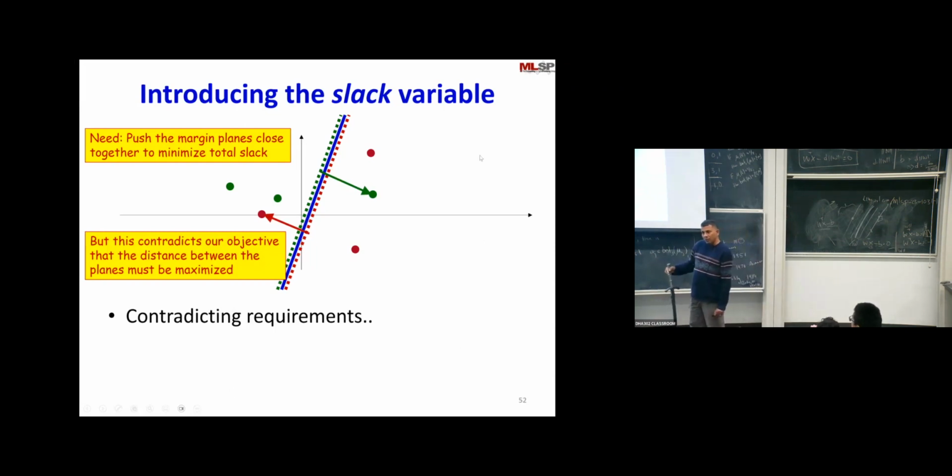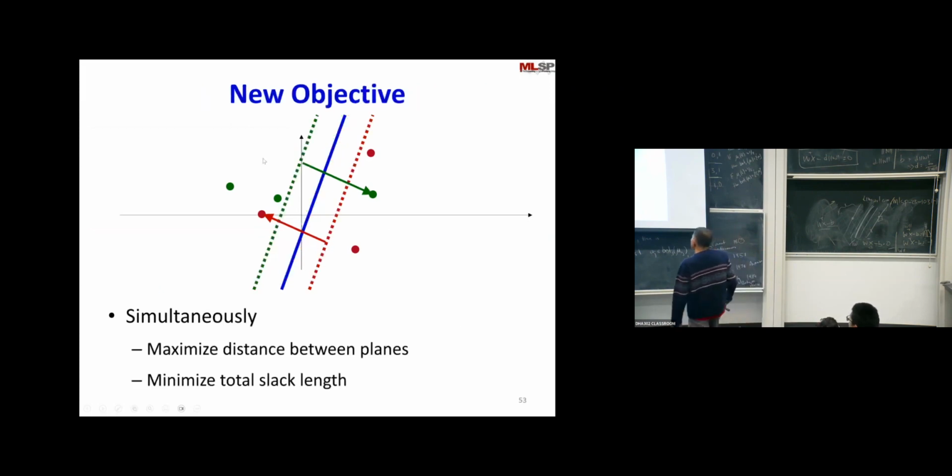The second one is kind of giving up on the misclassified instances. The first one is trying very hard to account for the improperly placed instances, and then there is some kind of a push between the two. So here's what we want to do. We want to simultaneously maximize the distance between the planes while minimizing the slack, right?